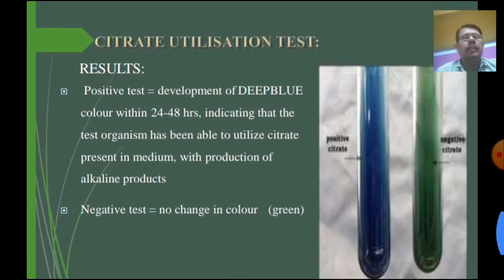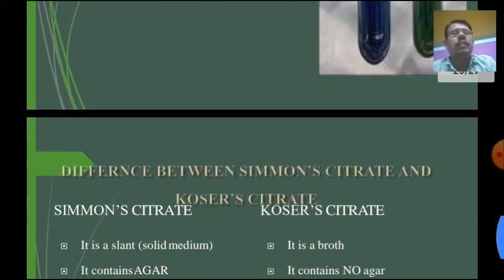In a positive test, a deep blue color develops within 24 to 48 hours, indicating the organism is able to utilize the citrate in the medium with production of alkalinity. Negative: no change, the color remains green because bromothymol blue is green. If positive, there is a change to blue color as the citrate is utilized.